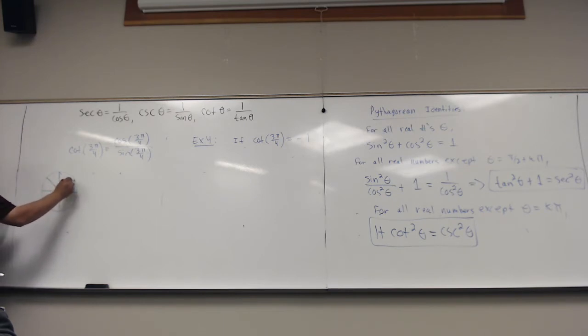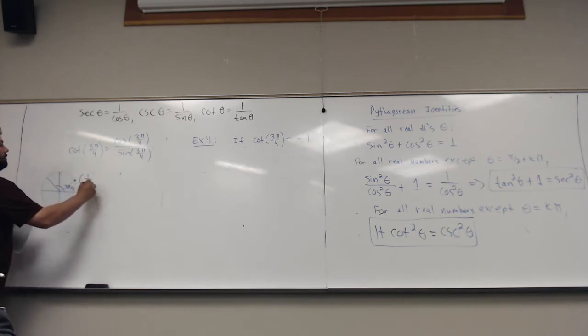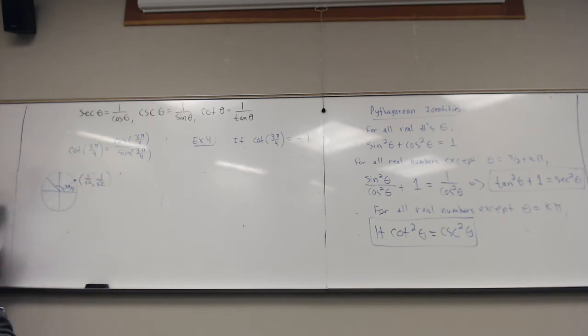I'm going to also do this. So this point right here at pi over 4, the x and y coordinates are 1 over root 2. 3 pi over 4, the coordinates are just reflecting that point over here. The coordinates there are going to be, so only the x coordinate changes in sign. Okay.